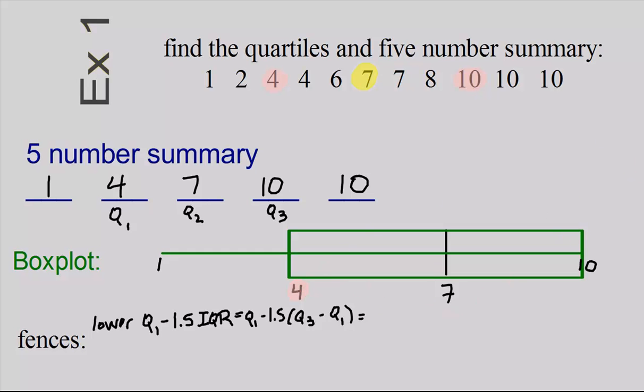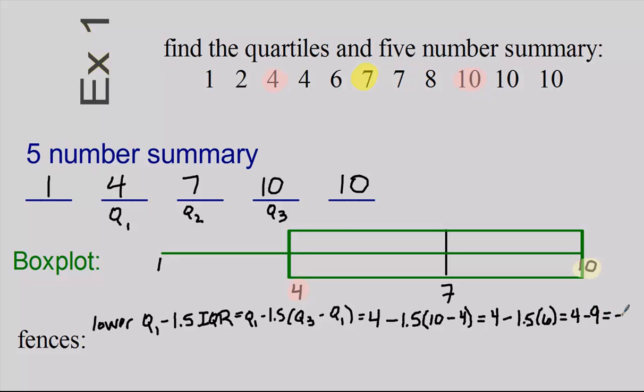So our Q1 number is 4. So I'll put that in the Q1 spot. Minus 1.5 times Q3, which is known as 10, right here and here, minus Q1, which we already labeled as 4. So I will compute this and get 4 minus 1.5 times 6. 1.5 times 6 is the same thing as 9.